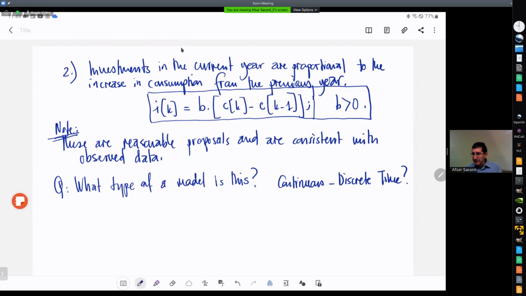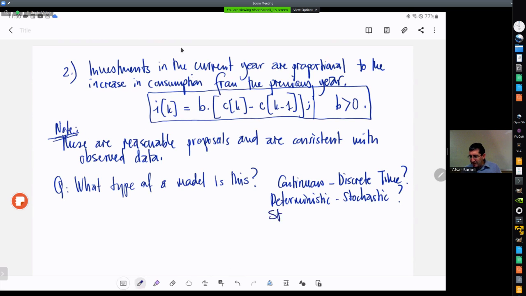Is it deterministic or stochastic? Although you might argue that many things in the economy might be stochastic in nature, this model itself does not have anything that is random. It's just a deterministic model defined by difference equations from the previous year to the current year.